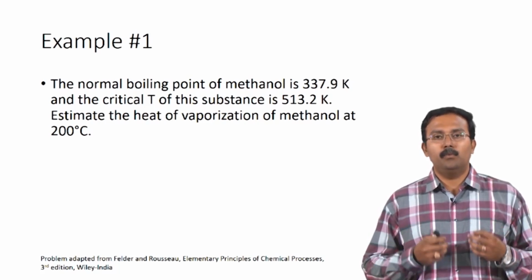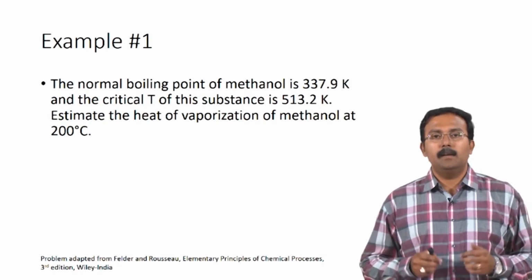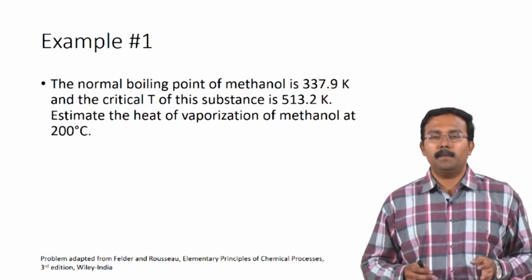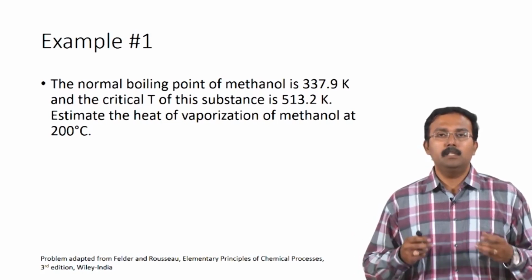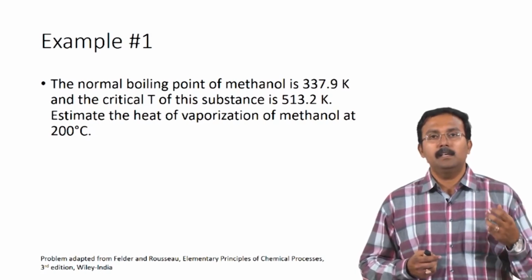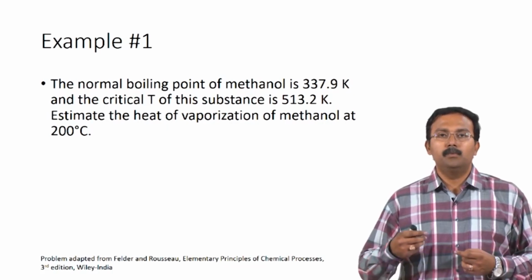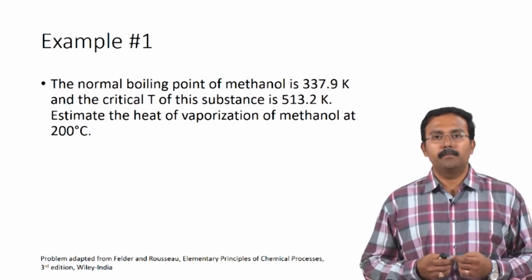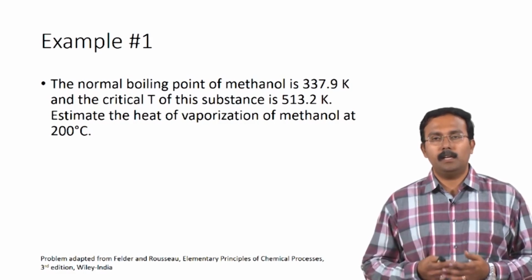Now, what we have is the boiling point and the critical temperature only, and we have been asked to calculate a heat of vaporization at some temperature which is 200 degrees Celsius. So, this means we first need to identify and quantify the standard heat of vaporization for methanol at its regular boiling point, which has been identified as 337.9 Kelvin.